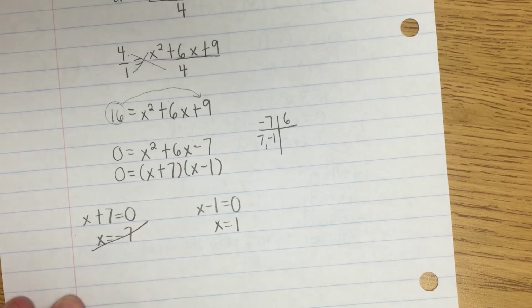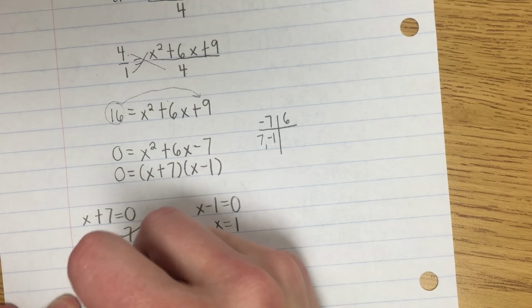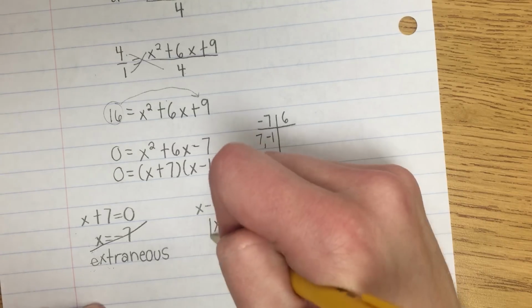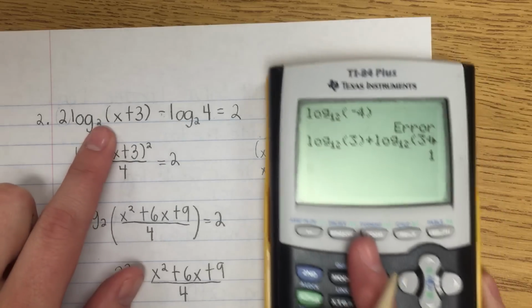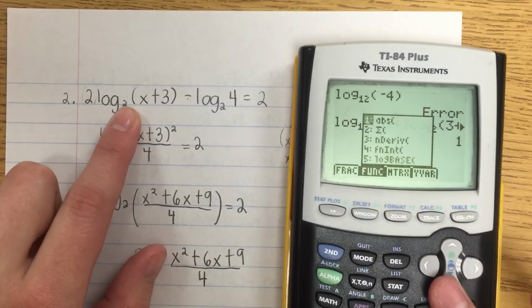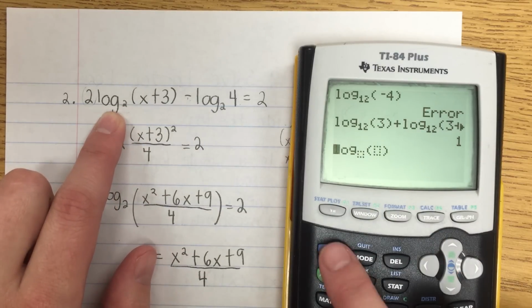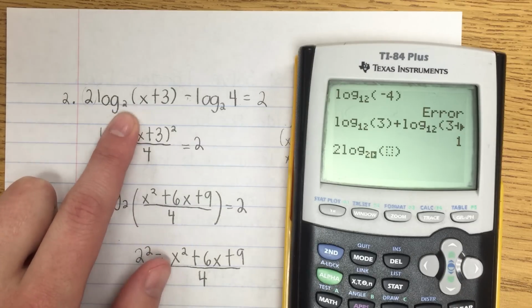You cannot take the log of a negative number, so that is extraneous. Our only solution should be 1, but in order to check it, remember, I would go back in, do your alpha window, plug in, that had a 2 in front, 2 log base 2.